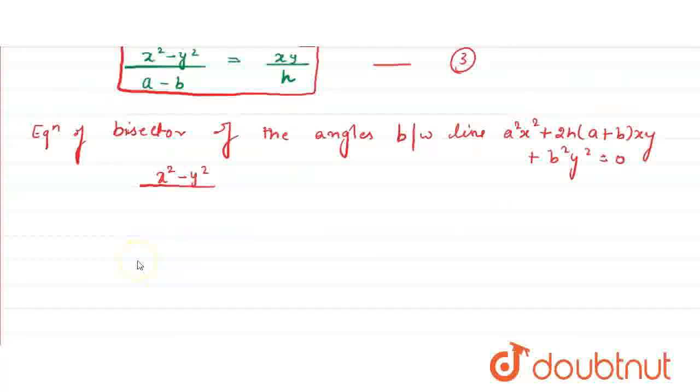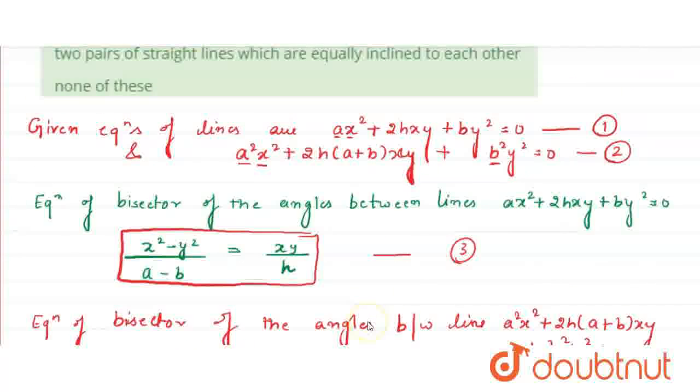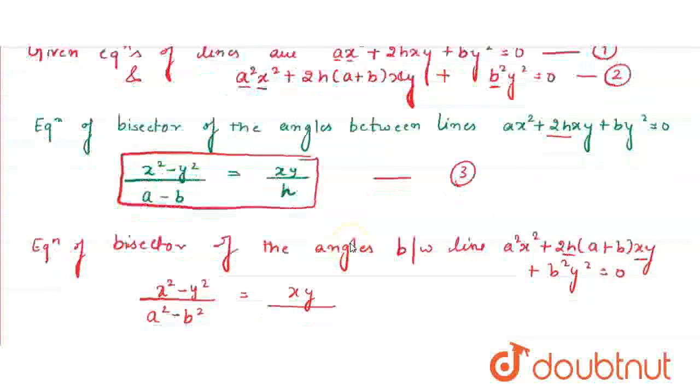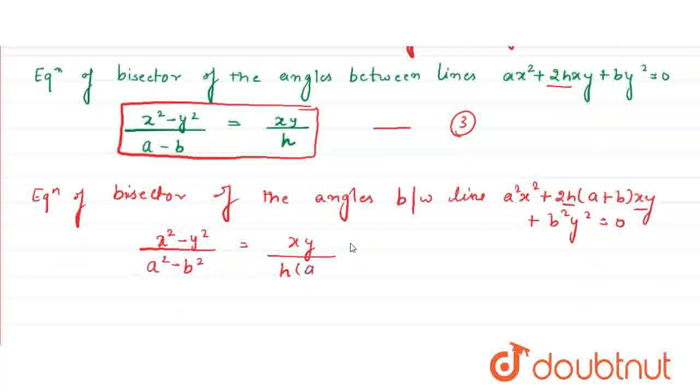So you will write a² − b² = xy divided by, now look here, 2h we have, xy we have, and the coefficient of these is (a+b). So we write h, and the extra thing is (a+b).